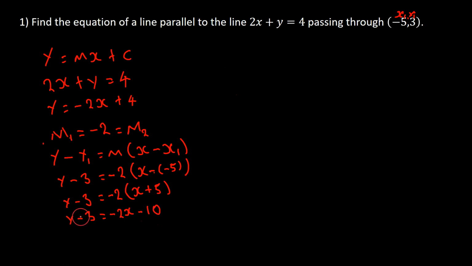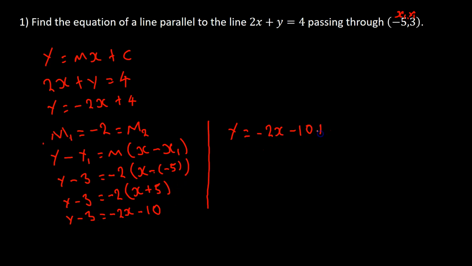So on the left side here, what we want is to remain with just the value of y. So let's move this negative 3 to the other side so that we remain only with the y. So you have negative 2x minus 10. When the negative 3 goes to the other side, it will become positive.